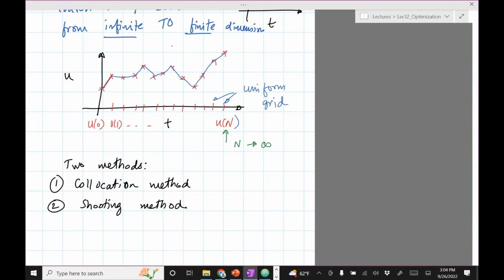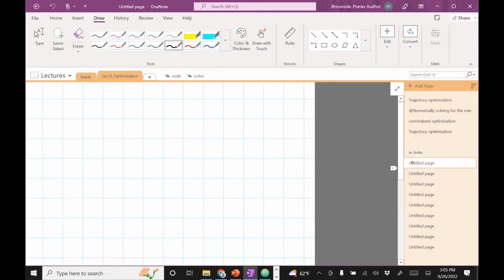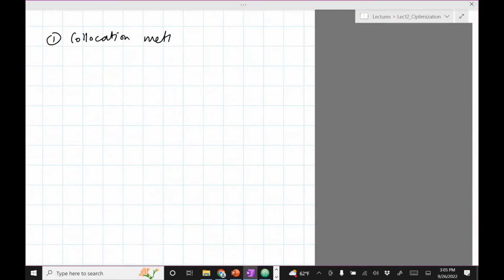So this is going to get into the details of how these methods are used. I'm going to formulate the collocation method first, and then probably next class we'll see the shooting method.